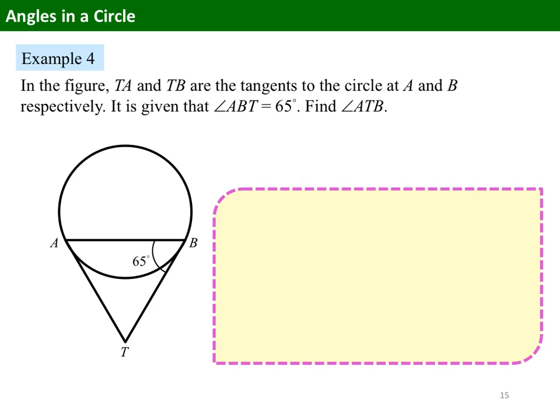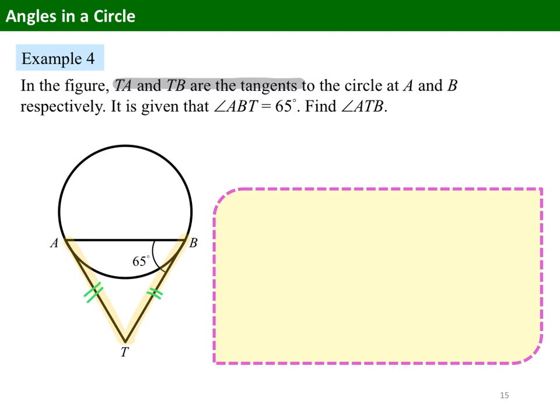Example 4. Keywords. TA, TB are tangents. And we draw the tangents in yellow. Tangents from external points, we have TA equals TB. So triangle TAB is an isosceles triangle.